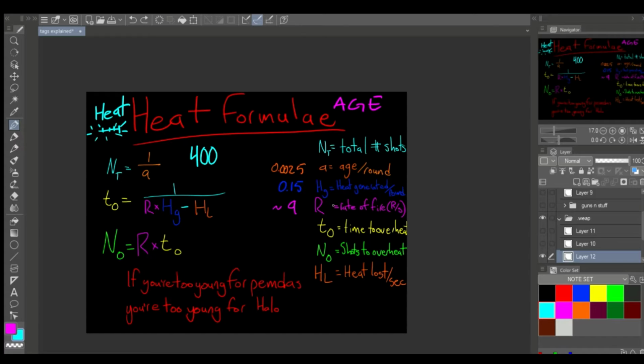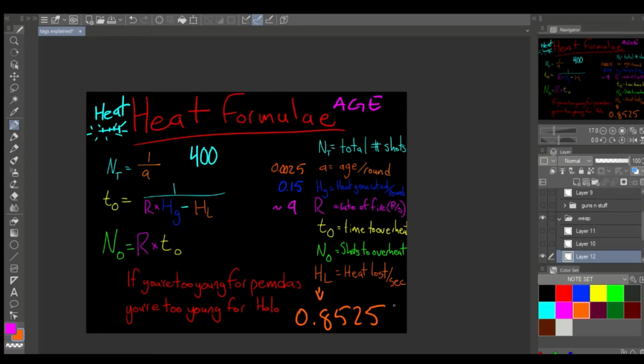Let's see. Bear with me. Oh, this is further up. Oh, yeah, here we go. For the plasma rifle, it is 0.8525.